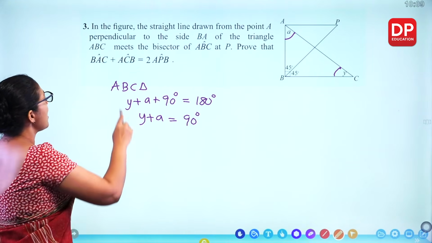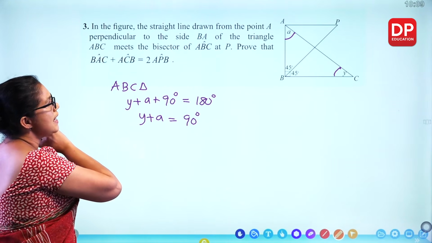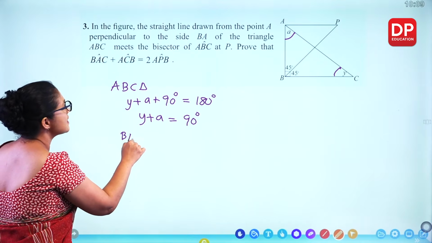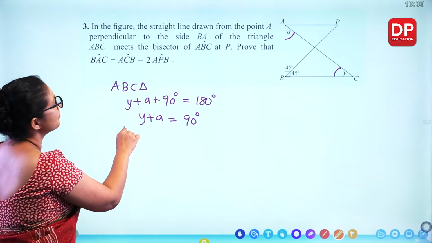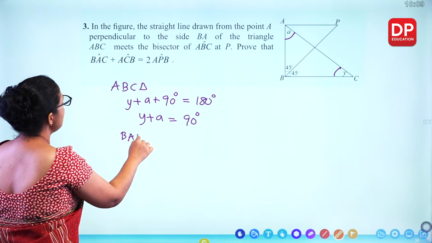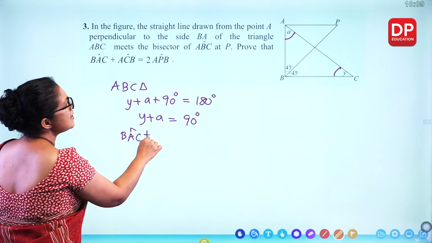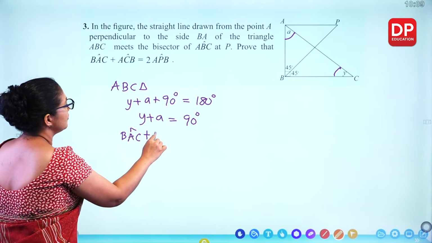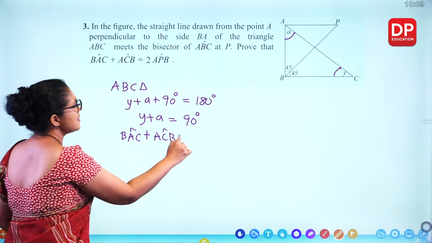So here I found that BAC, this is BAC angle, and Y means ACB, is 90 degrees.